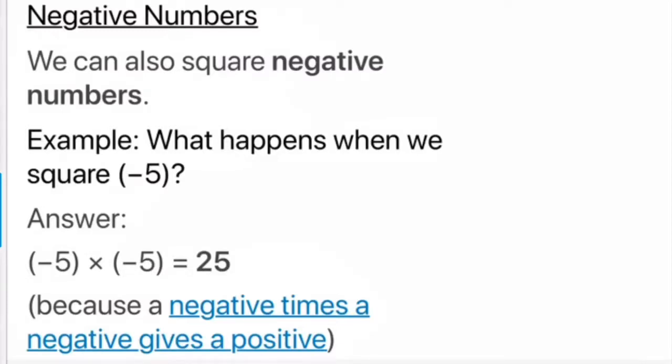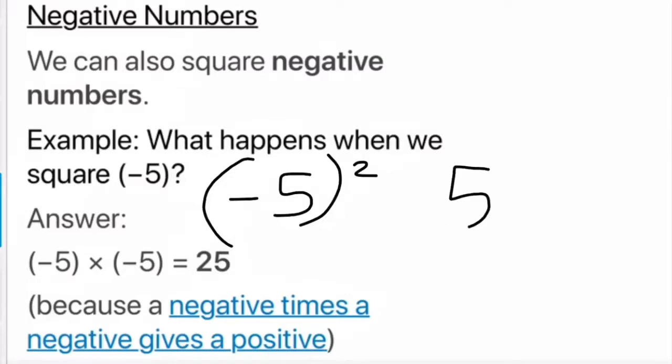So when you are squaring a negative number, you are multiplying a negative times a negative. So negative 5 squared is actually the same as just 5 squared. And the reason for that is negative 5 squared is negative 5 times negative 5. And we know that a negative times a negative is a positive.